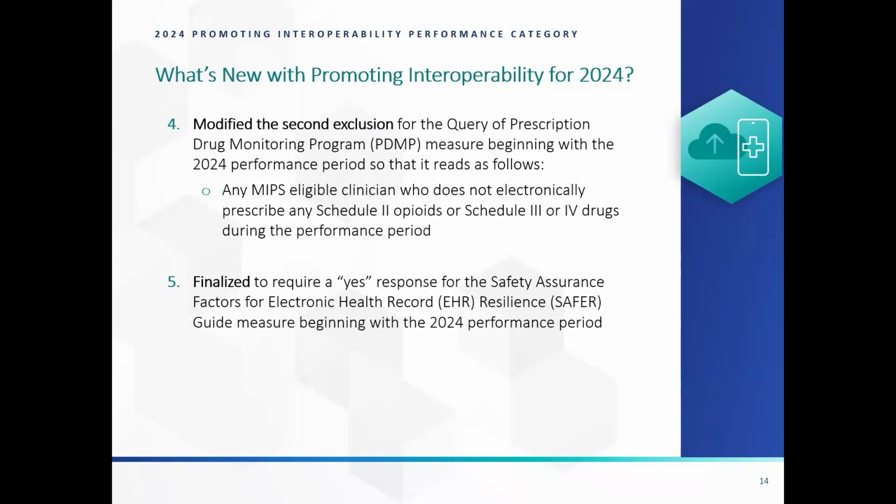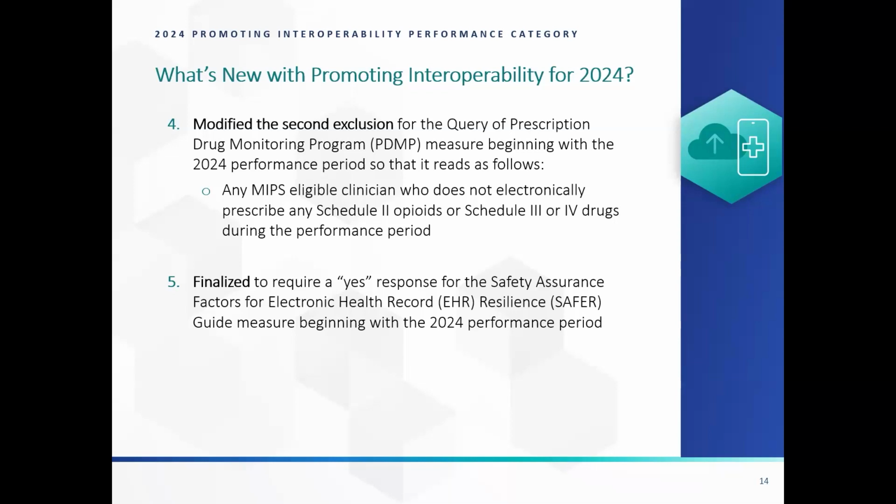Okay, the other change we made is that we modified the second exclusion for the query of prescription drug monitoring program, or PDMP measure. Before, it was too narrow. It said you didn't prescribe any drugs, and lots of clinicians prescribe drugs, but they don't necessarily prescribe Schedule 2 opioids or Schedule 3 or 4.